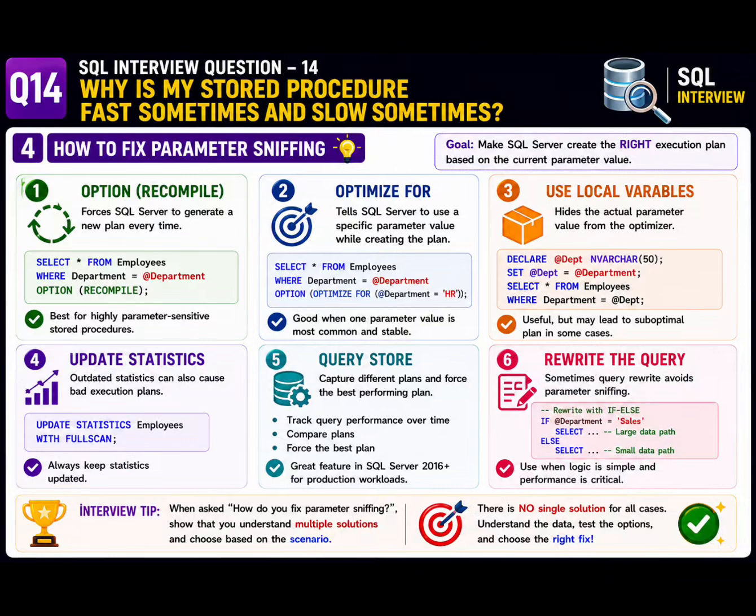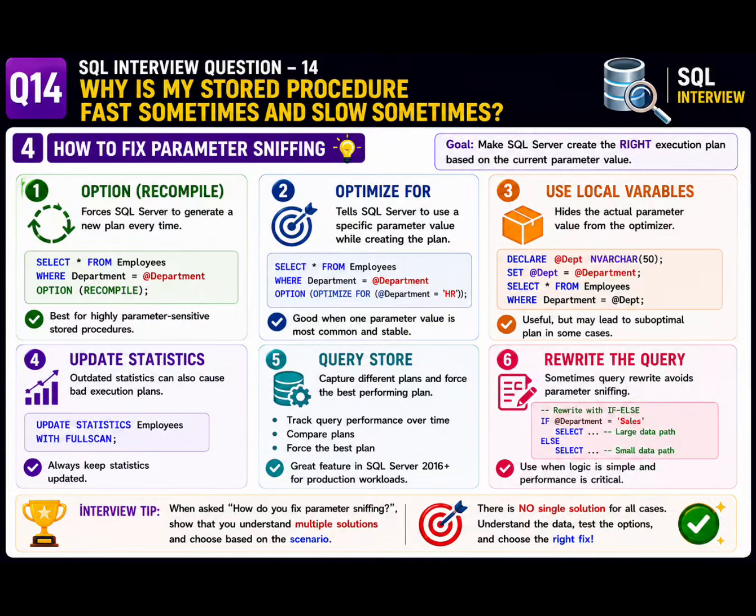The pros, that is advantages: it always gets the best execution plan and is great for parameter-sensitive queries. The cons, that is disadvantages: extra CPU usage because SQL Server recompiles each time.